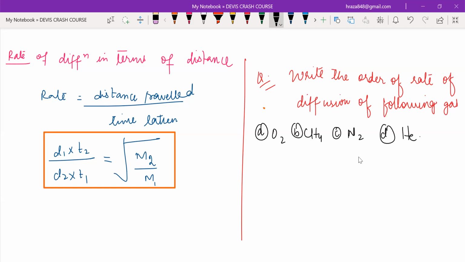Like increasing order or decreasing? Whatever you choose.